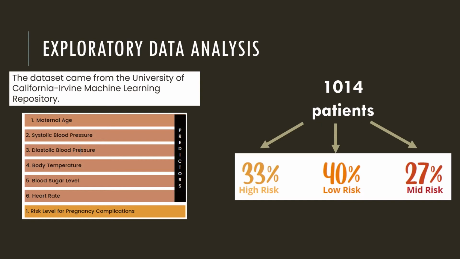And then we also have the outcome of interest, which was risk level for pregnancy complication. The data set also comprised 1,014 patients, and we see that 40% of them were low risk, 27% were mid risk, and then 33% were high risk.